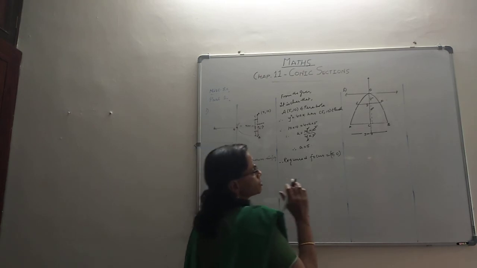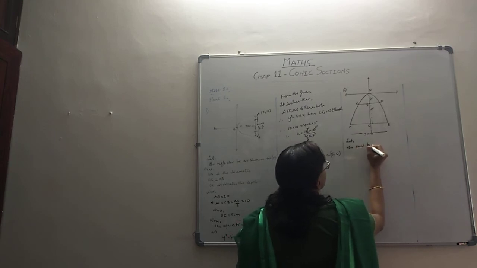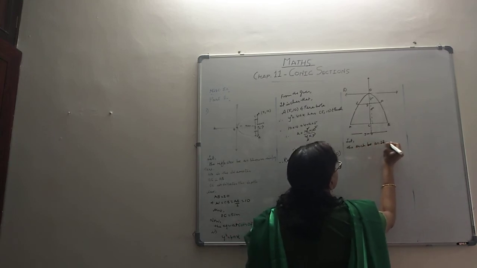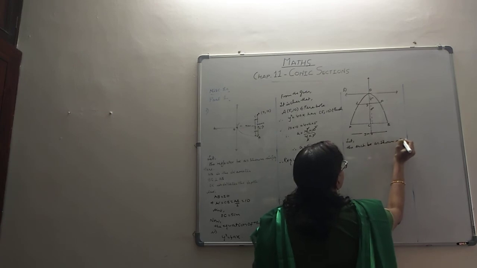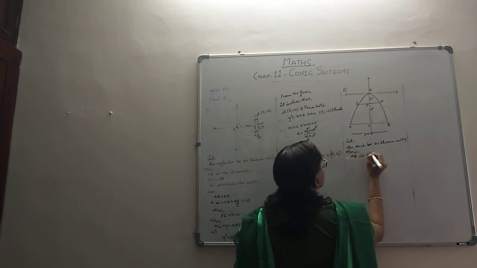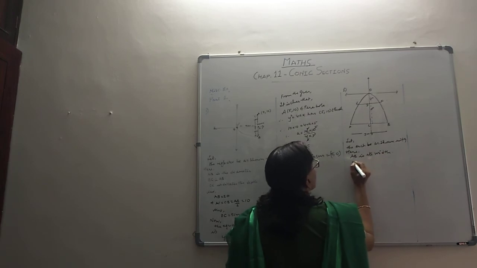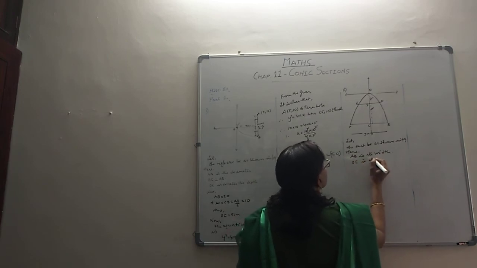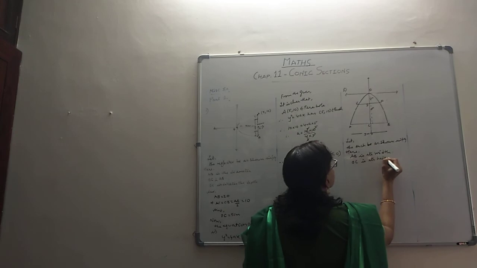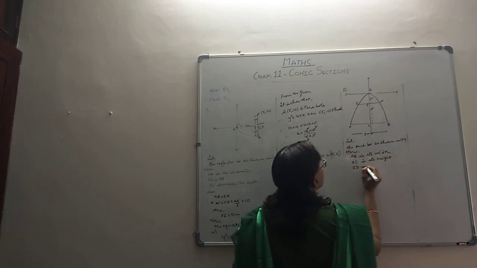So let's introduce. Let the arch be as shown in the figure. And what happens here is AB is its width, and OC is its height.